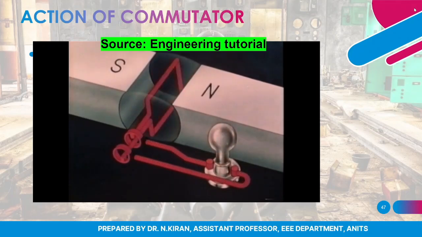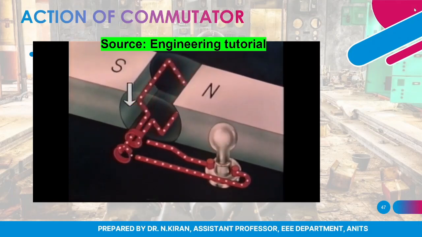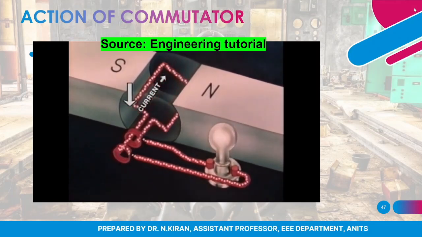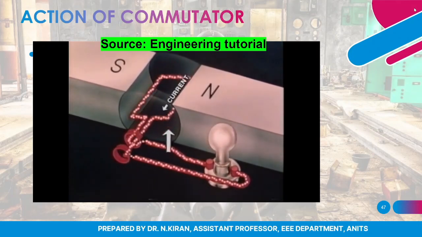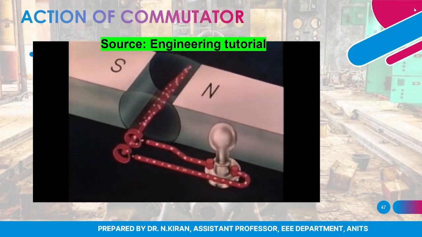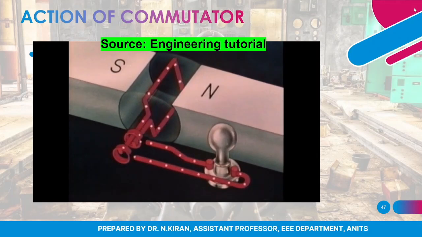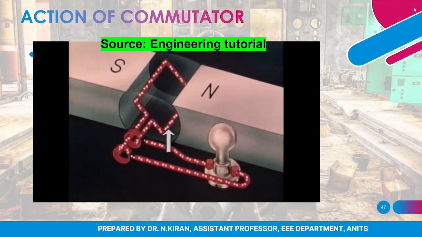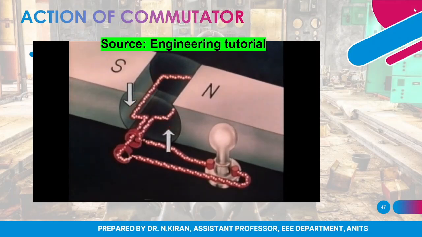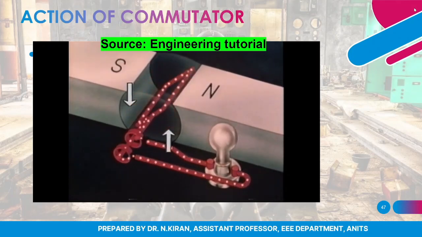Notice, as the coil rotates, one of its sides cuts downward through the magnetic field, causing current to be induced in one direction, while the other side is moving upward, inducing current in the opposite direction. After the coil passes through the position of no current flow, the previous downward side moves up, and the previous upward side moves down, thus reversing the current flow in the external circuit.